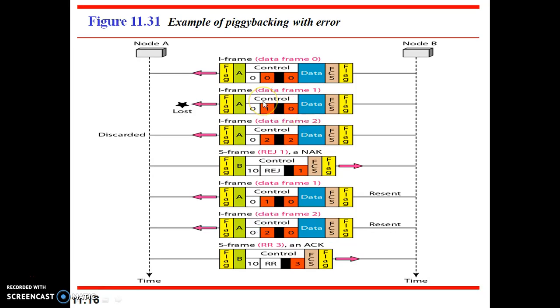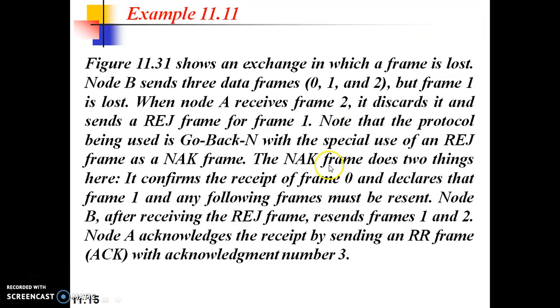So what if you have an error? You can see here the I frame is sent with frame 0. Node A is sending an I frame, and node B is sending an I frame to node A while piggybacking.